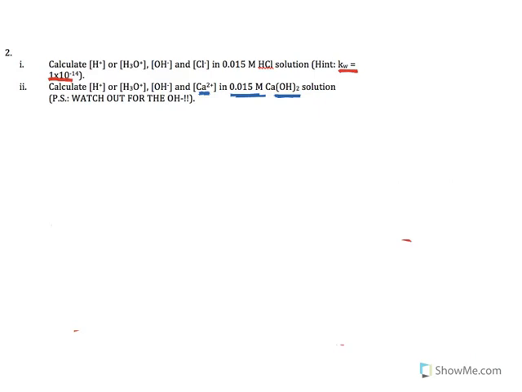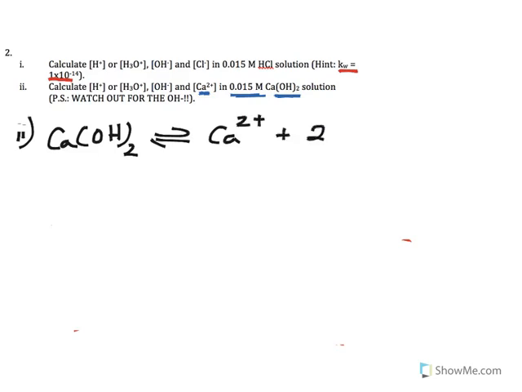Now, for part 2, we have our CaOH2, or calcium hydroxide, dissociating into Ca2 plus and 2 hydroxide ions.